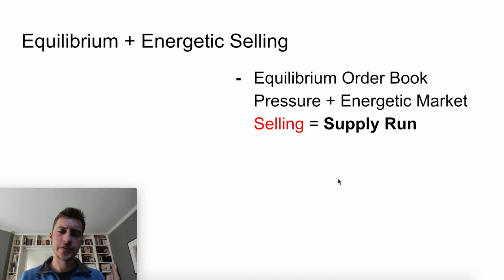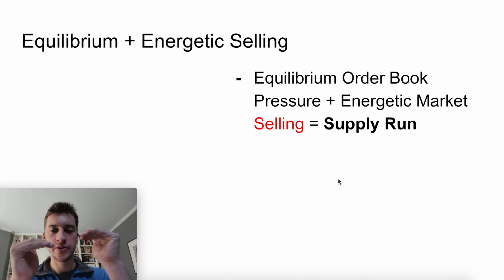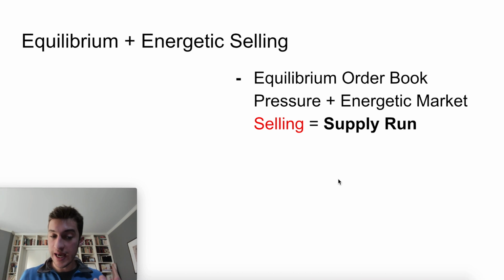How about equilibriums? So what I mean by this is equilibrium order book pressure and energetic market selling. So imagine the bids are equal to the offers. This could be active or inactive equilibrium, likely more active equilibrium though. Inactive, anything can happen, just not many orders. But you get energetic market selling.